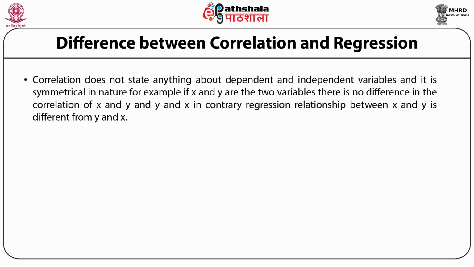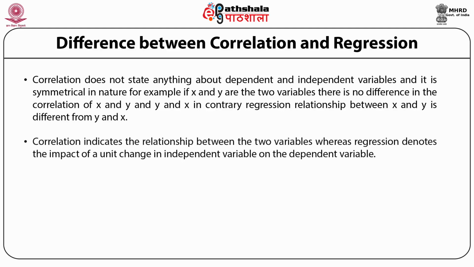The fourth difference that we would like to discuss here is that correlation indicates the relationship between the two variables, whereas regression denotes the impact of one unit change in the independent variable on the dependent variable. We will see in further slides that when we develop a regression equation or a regression line, the dependent variable is dependent upon the independent variable.